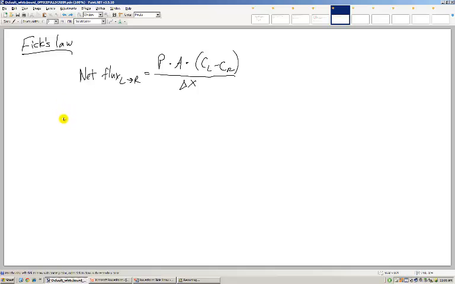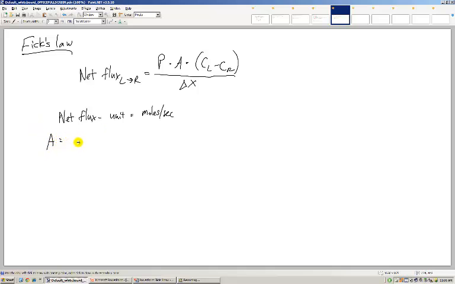We know what that means, right? Rate of solute movement across a membrane. The unit is moles per second.